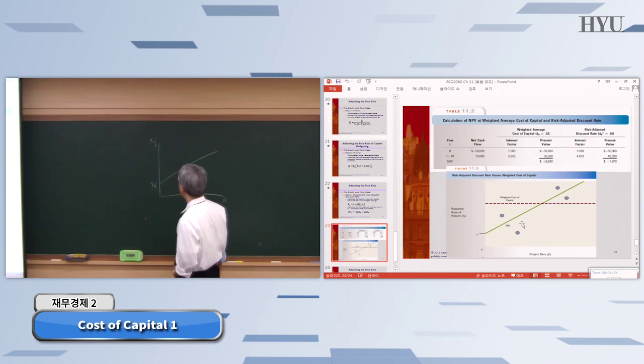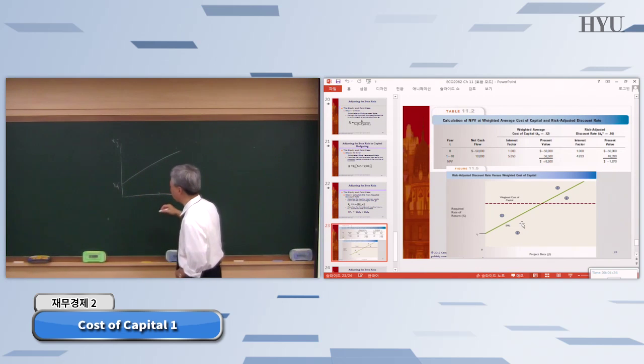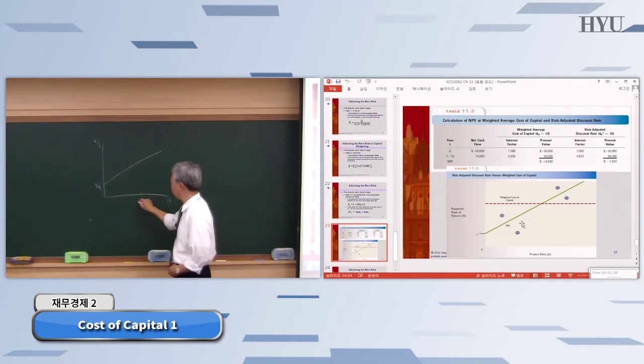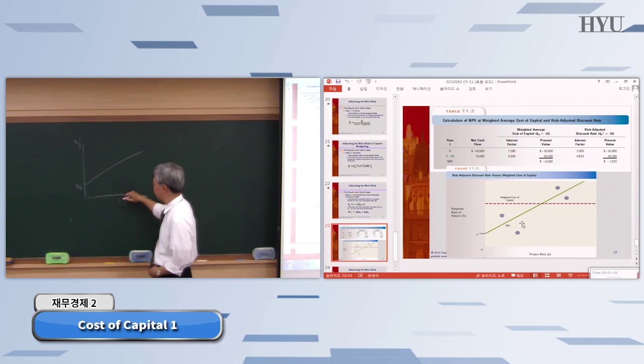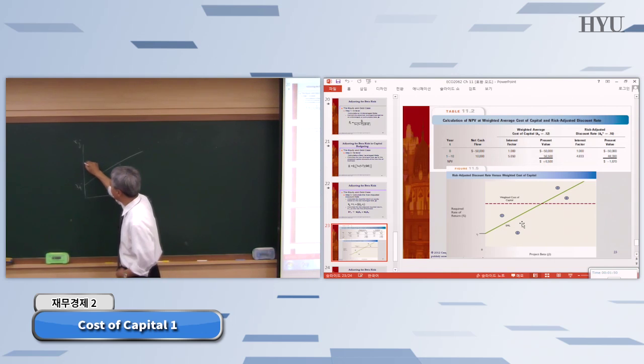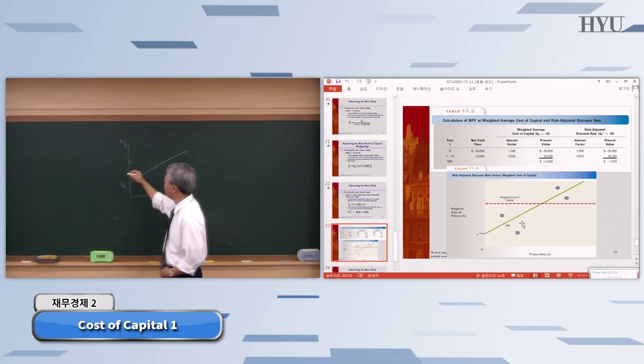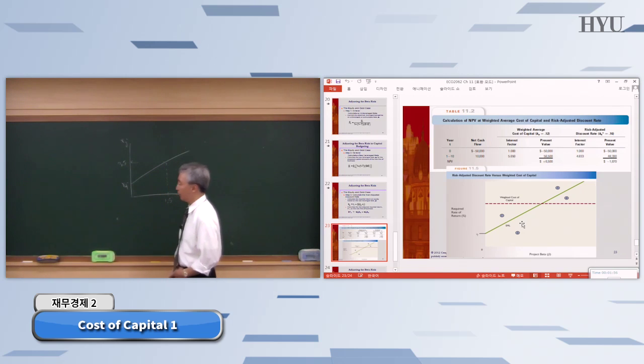If you have a certain level of beta, let's say 1.5, for this particular investment or stock which has a market risk of 1.5 in beta, we can calculate the required rate of return. Let's say that comes out to be 3.5% annual return.